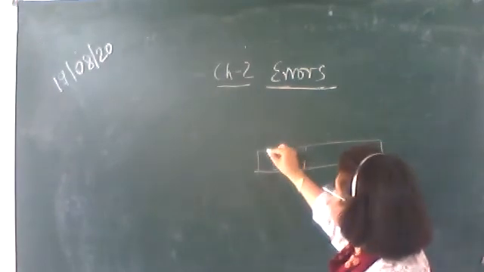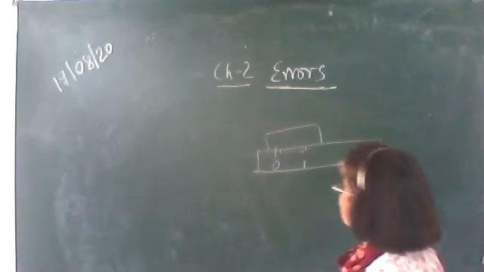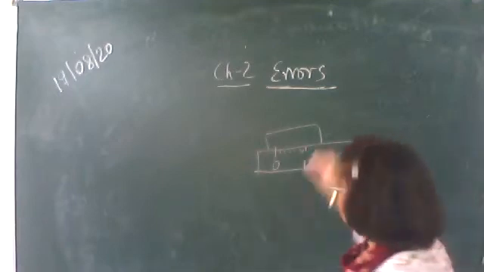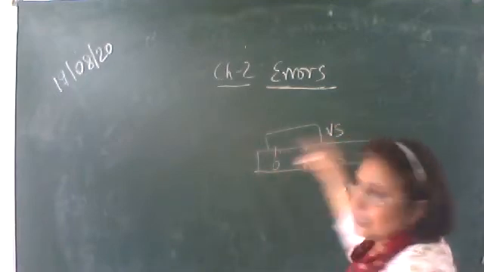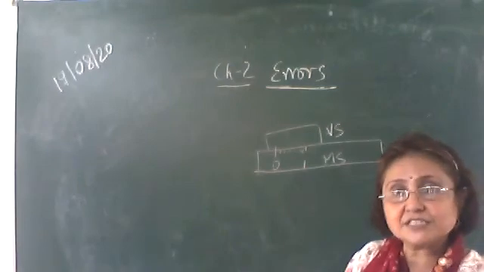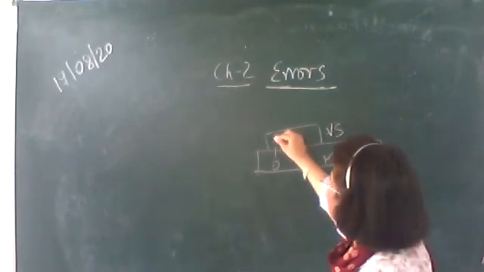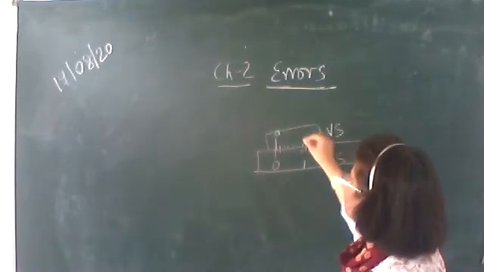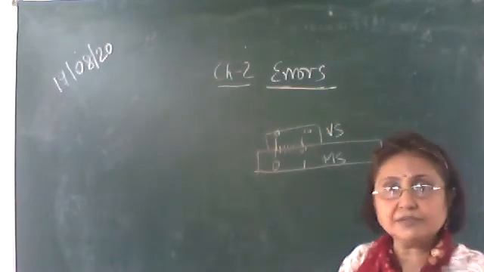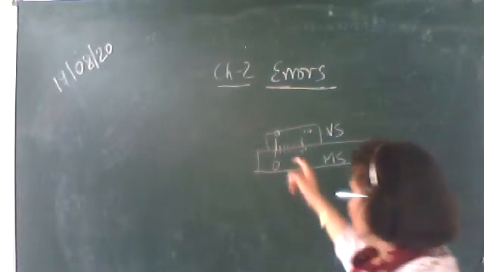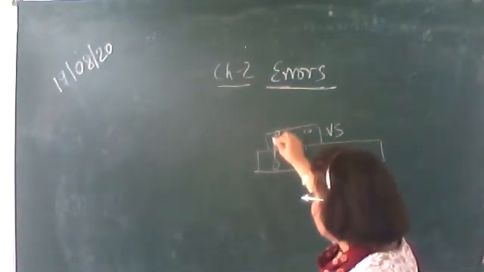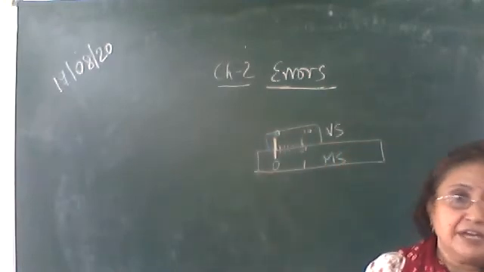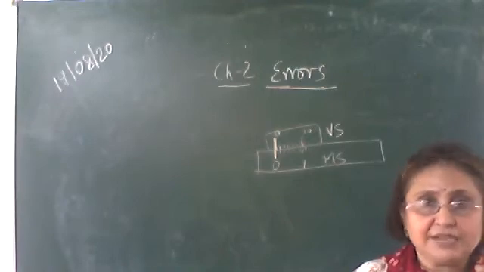And there is one small scale which can slide on the main scale; that we call the vernier scale, and it has 10 divisions starting from 0. The 0 of the main scale and the 0 of the vernier scale should coincide with each other. It means the instrument is perfect.